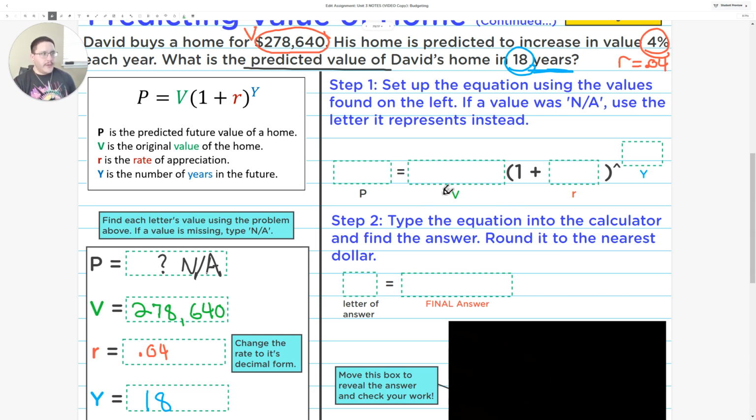And we have the following setup. 278,640. We have R as 0.04. We have the Y value as 18.